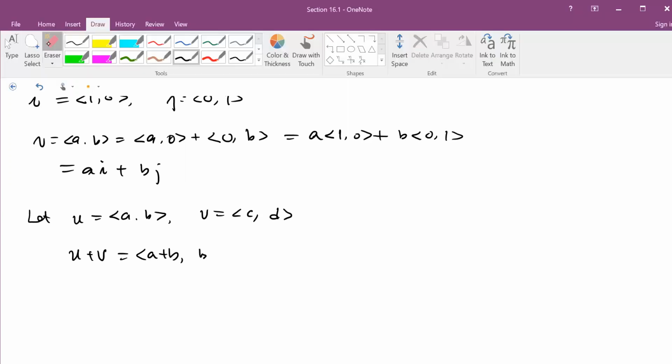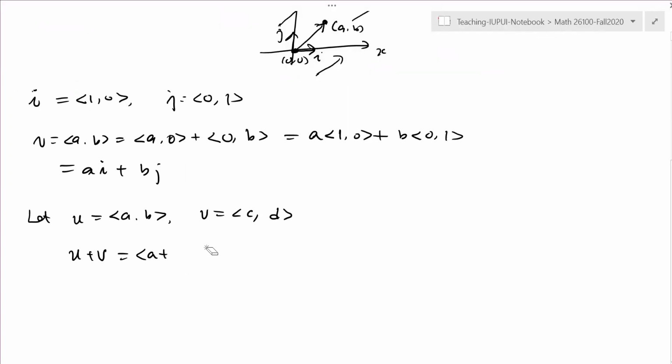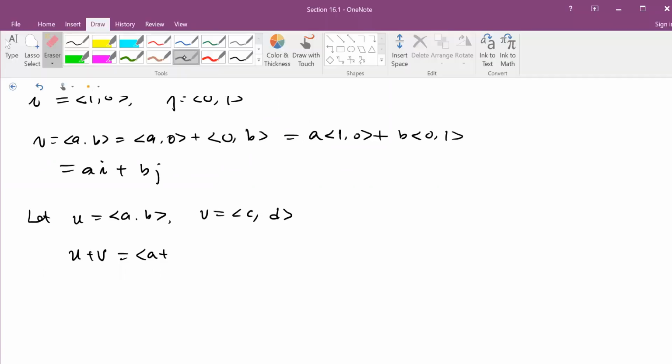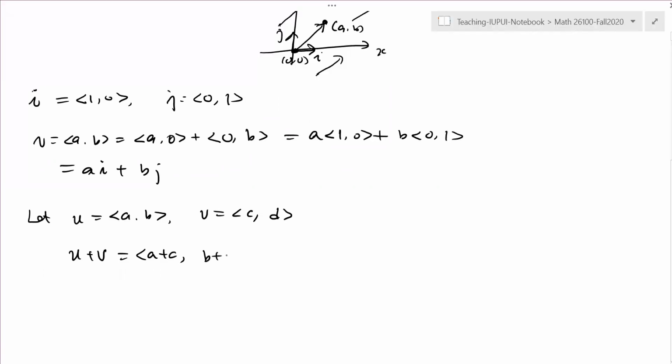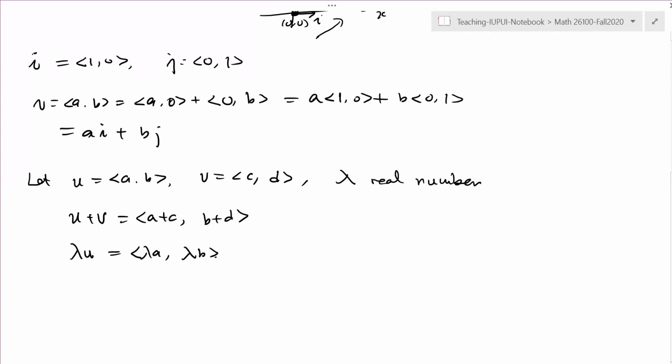So (a plus c, b plus d). Now, if we have a lambda, a real number, then lambda times U will be (lambda a, lambda b). But how do you describe this addition in the xy plane?